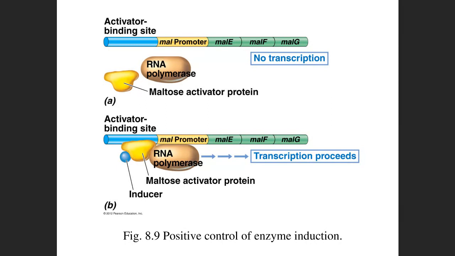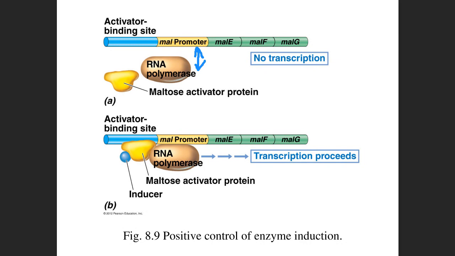In this case, the maltose promoter doesn't bind to the RNA polymerase that efficiently. So it's a weak binding between RNA polymerase and the maltose promoter. The RNA polymerase goes up and falls down quickly, and doesn't stay, so there's no transcription happening.